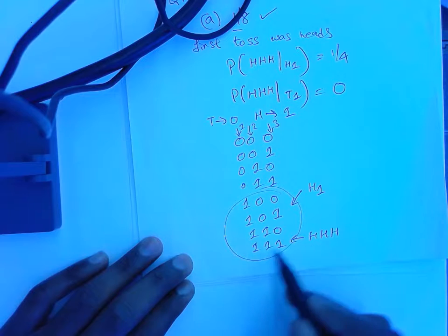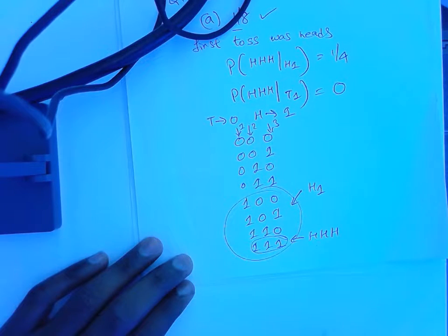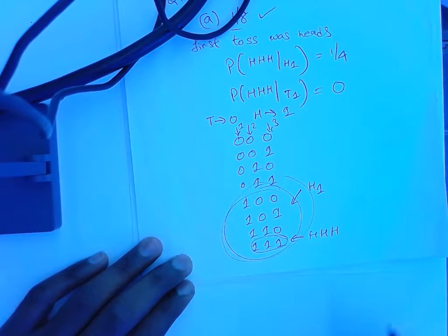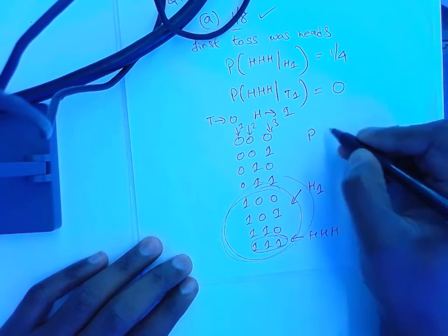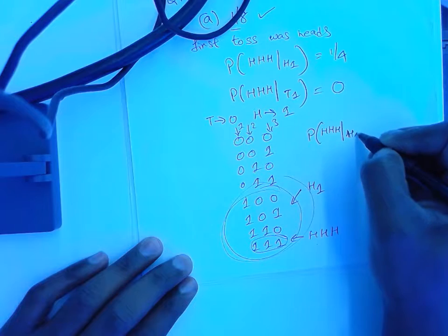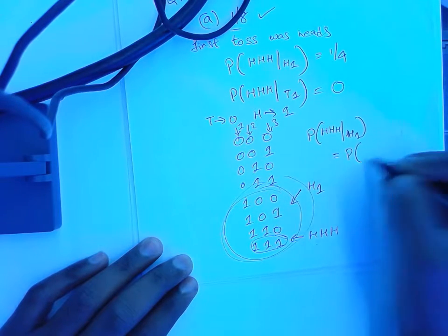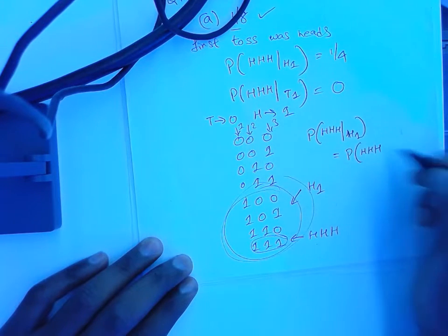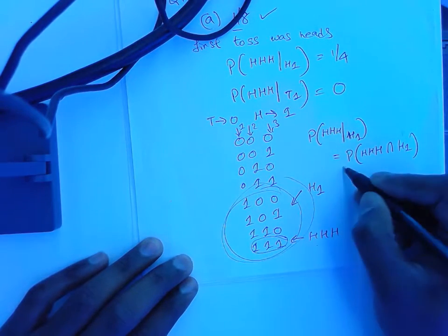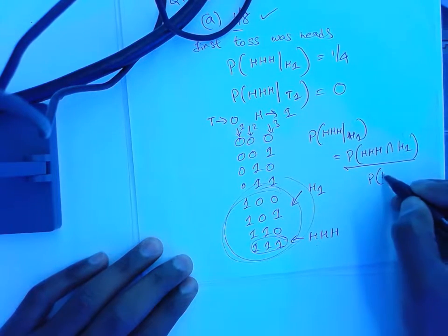Also, another way of looking at it is the outcome, the event you are looking for is this set. Okay, and the given event is this set. So the way we are defining the probability is H given H1 is the probability of this event intersection this event, divided by the probability of this event H1.